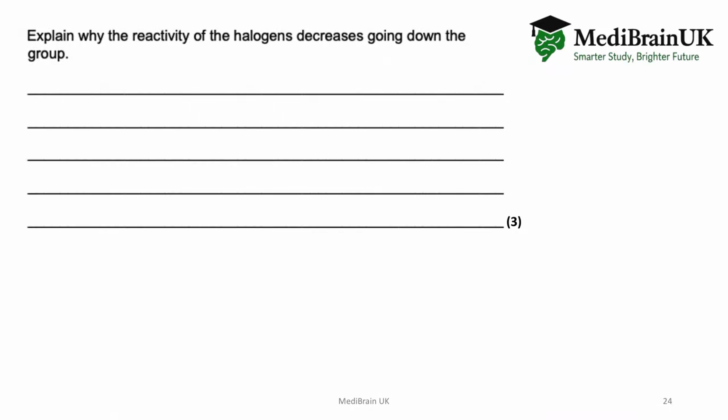But if you move down the halogens, there are more and more electron energy levels, which means that because there are an increased number of electron energy levels, there is a weaker attraction from the outer shell electrons to the nucleus, which means that the strength of attraction to attract that electron is going to be much harder because the attraction is decreasing because of the number of energy levels.